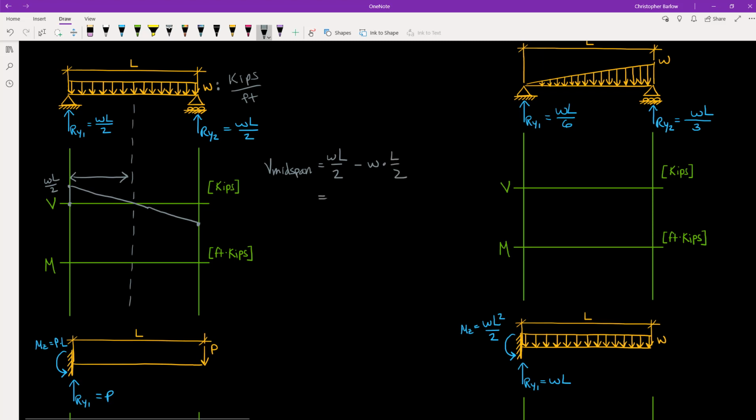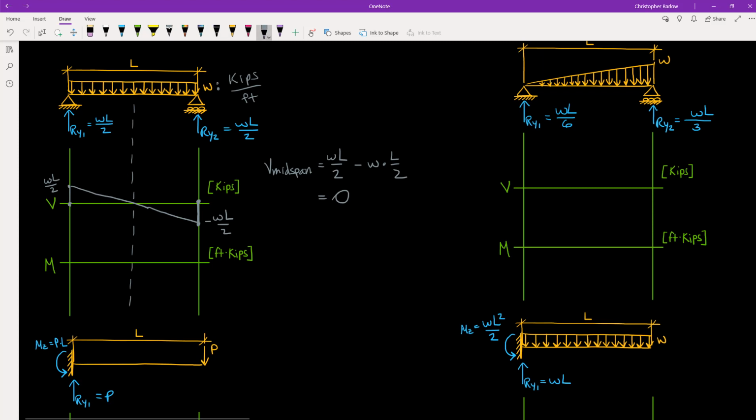And so our shear at midspan is 0. Then as we continue along to the right, our shear at the right support will be negative wL over 2, which is equal to our reaction at the right. And so our shear diagram jumps up and ends at 0.